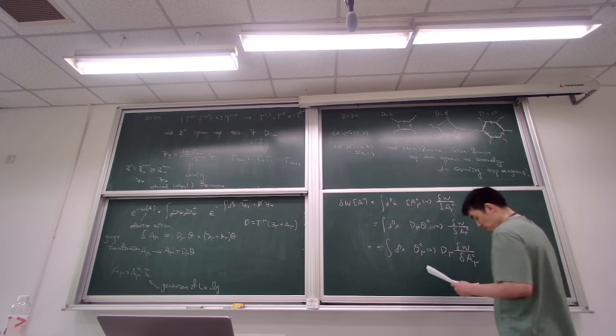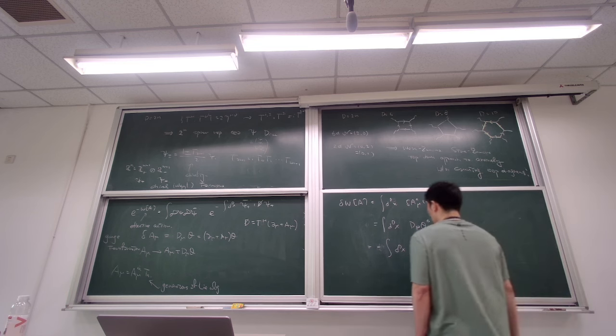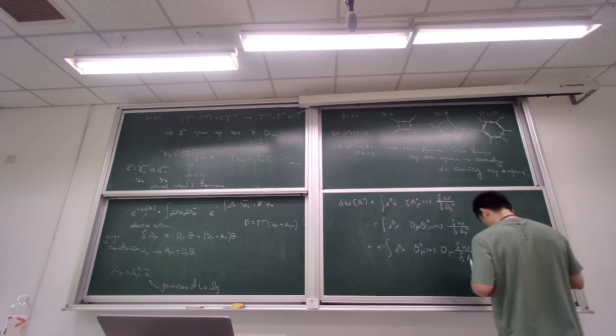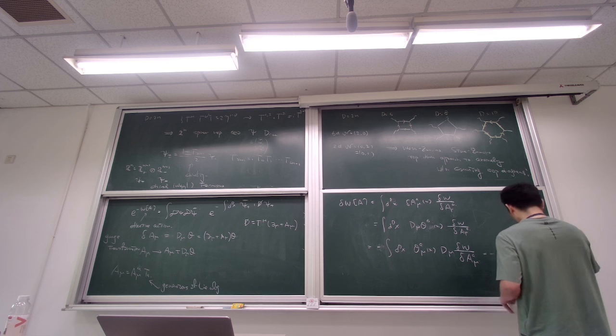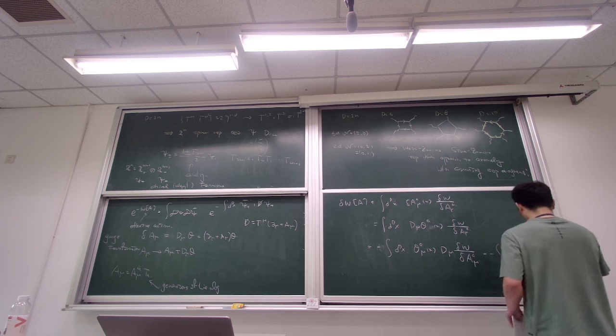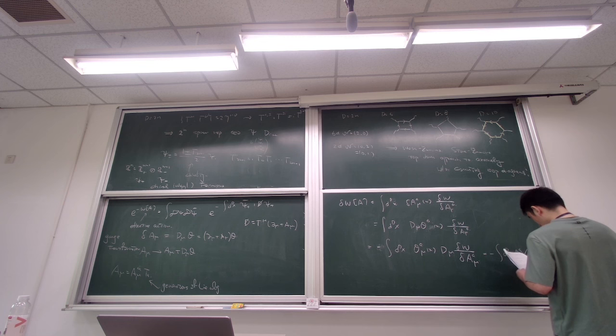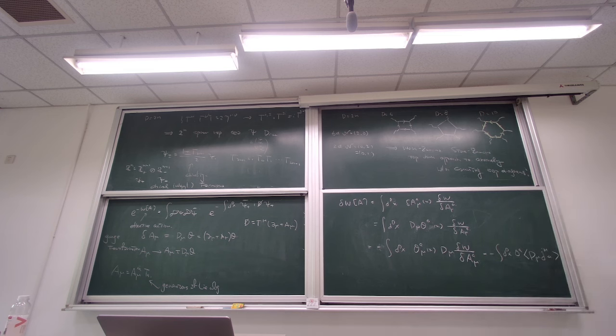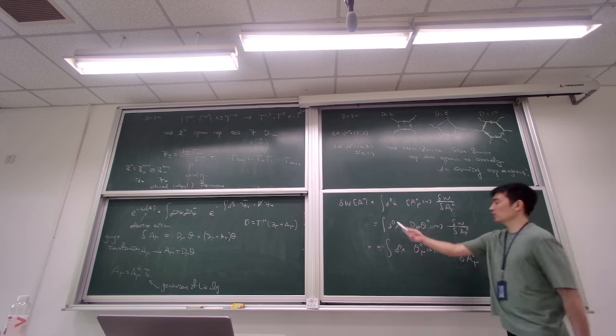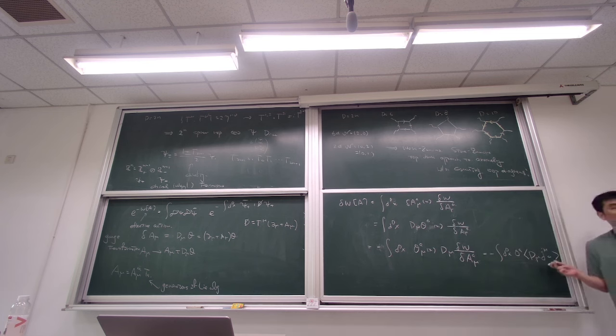And then people usually call this one equal to minus ∫d^dx θ^a ∂_μ J^μ_a. If quantum mechanically this δW is equal to 0, you have a quantum mechanical conservation of the current.